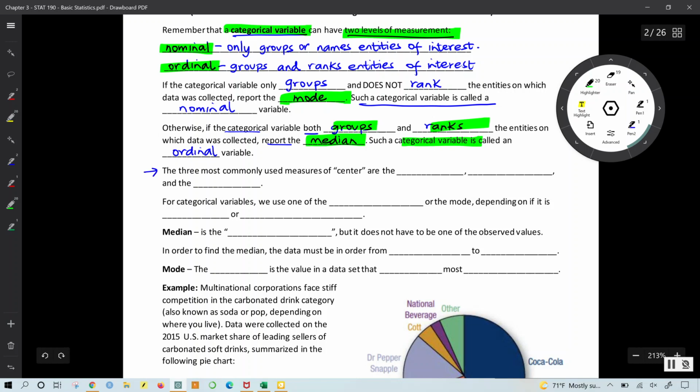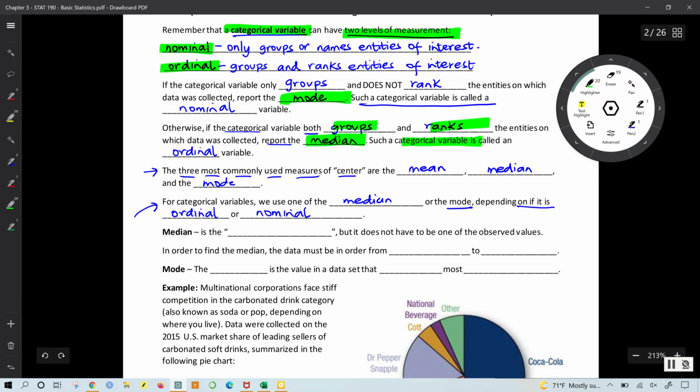In this chapter, we're going to learn about the three most commonly used measures of center, namely the mean, which you might have heard before, the median, possibly you've heard about that too before, and the mode. Whenever we want to describe the typical values of a categorical variable, we only use one of either the median or the mode, depending on if the categorical variable is ordinal or nominal.